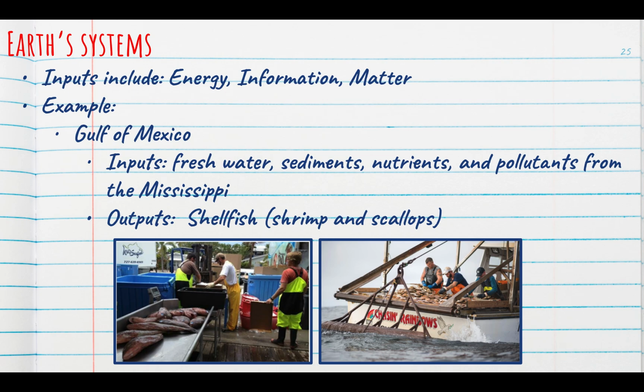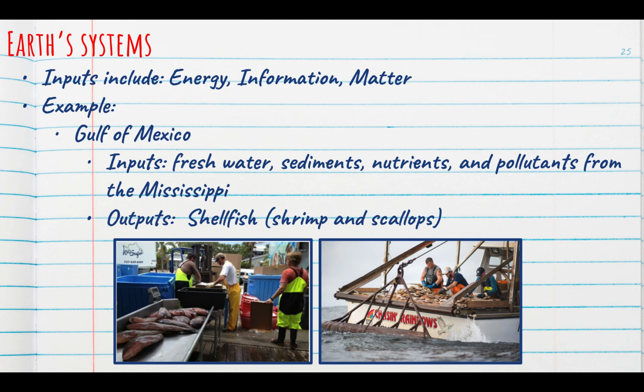So when we look at these things, we have what's called inputs and outputs. So inputs can be things like energy, information, and matter, and outputs, think of like, what are we getting out of these things, right? So using the Gulf of Mexico, for example. So think down in Texas there. In the Gulf of Mexico, if you were to look at that system, so that body of water, you have fresh water coming into it, you have sediments coming down from the Mississippi River, you're going to have nutrients coming in, you're also going to have pollutants, because the Mississippi flows into the Gulf of Mexico, so every single bit of pollution that comes into the Mississippi River is going to eventually make its way down into the Gulf of Mexico.